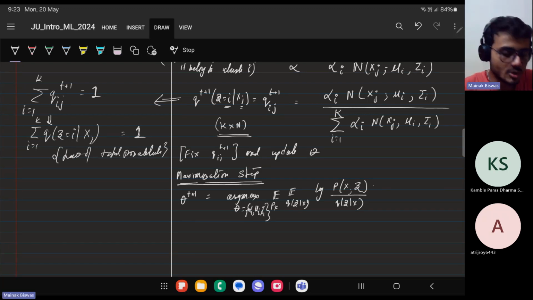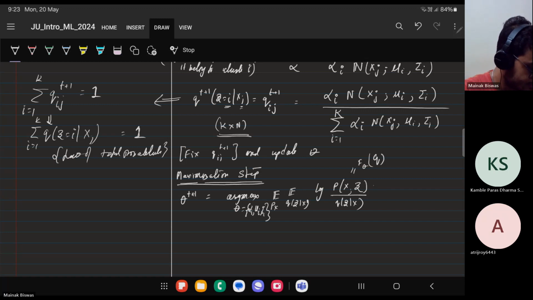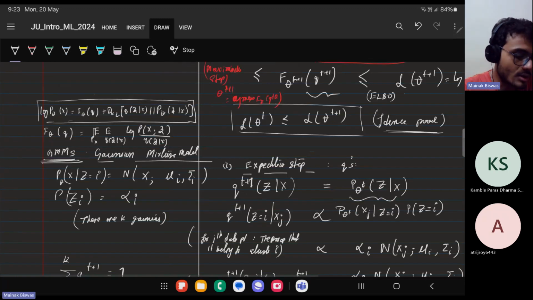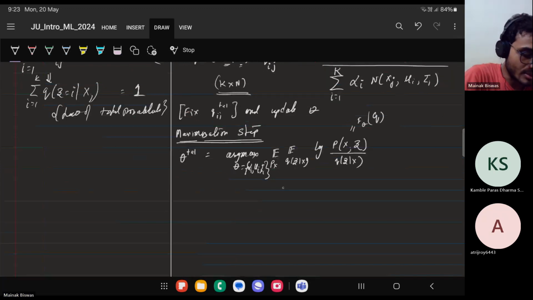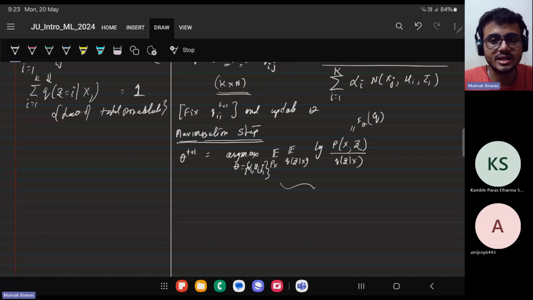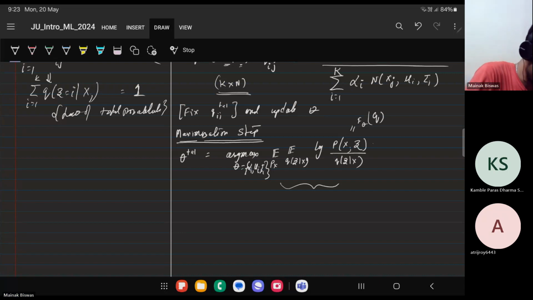So this is my f theta of Q. Good. Now I'll have to find out, write these as a closed form again. So how do I write it as a closed form? Tell me, what will I write this as? Argmax theta.